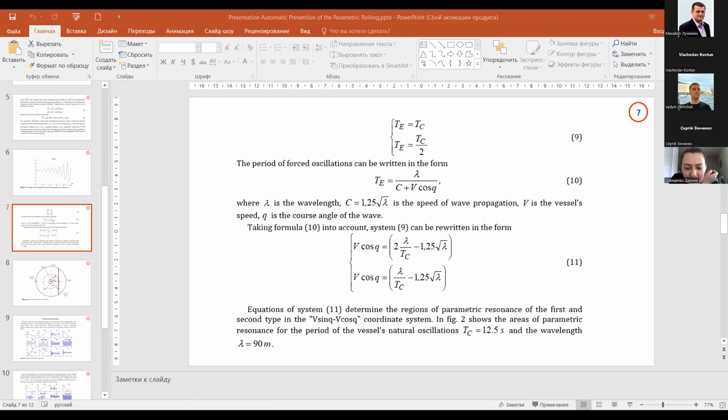Coincidence of the forced oscillation period Te with half the natural oscillation period of the vessel is parametric resonance of the second type. The period of forced oscillation can be written in the form 10. Taking into account formula 10, system 9 can be rewritten in the form 11. Equation 11 determines the areas of parametric resonance of the first and second type.